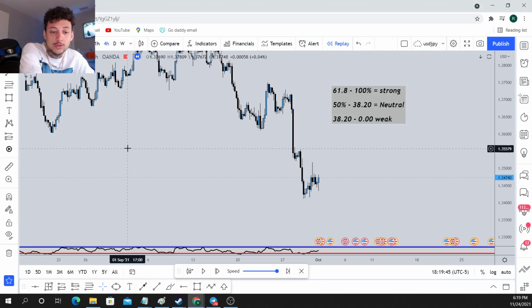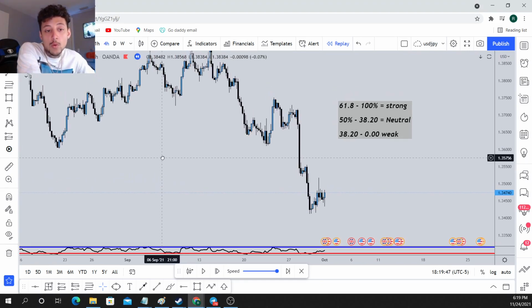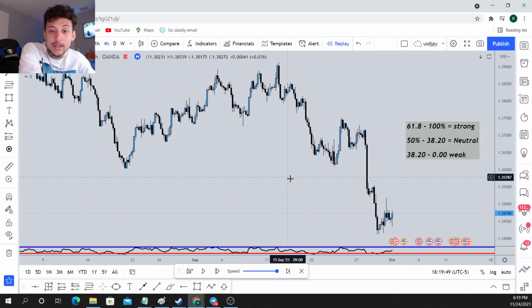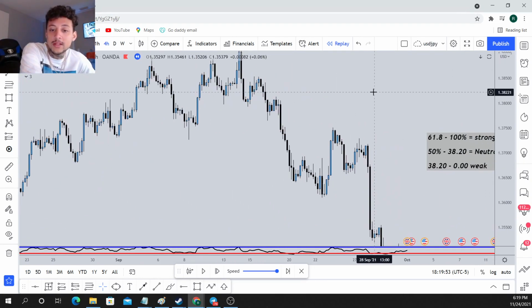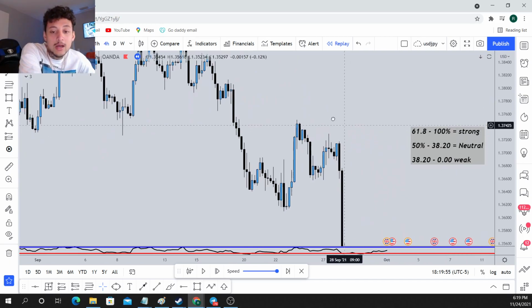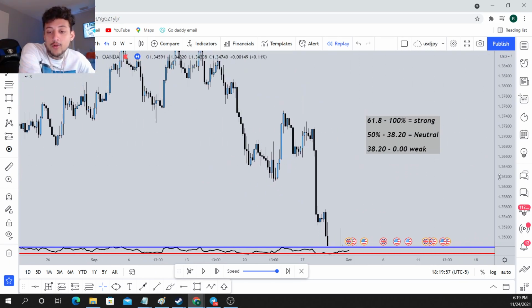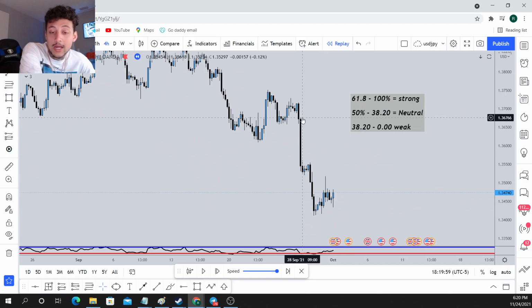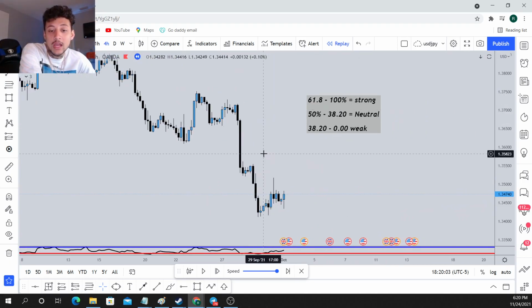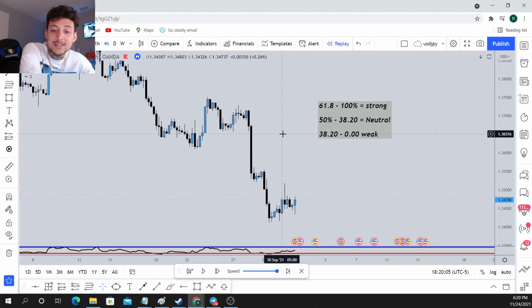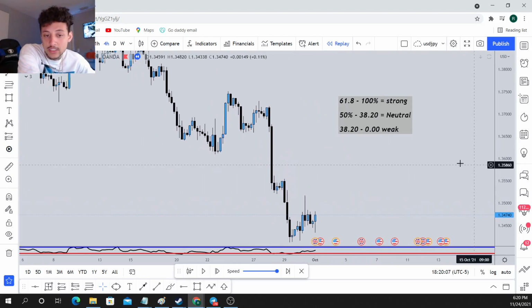Along with the actual candlestick closures, what we're going to be covering as well is momentum within these candlesticks and determining the momentum within the candlesticks. Now again, just a recap from the last lesson we did: the momentum in the candlesticks is all determined by the size of the candlesticks themselves.